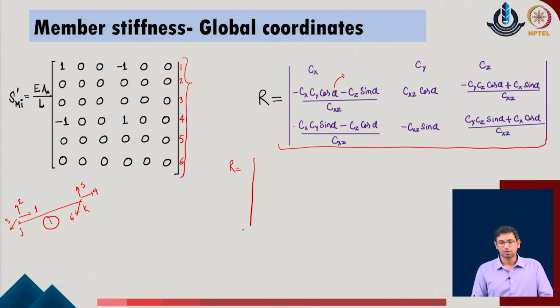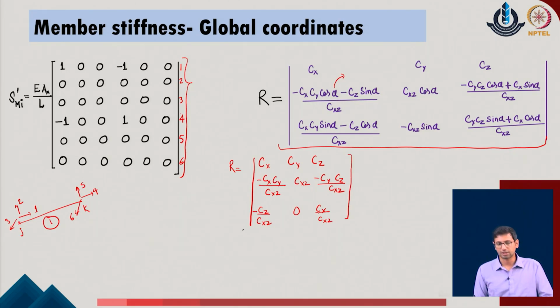So we can keep the rotation with respect to the direction x irrelevant, and that is where we introduce cos alpha and sin alpha with alpha equal to 0, and that gives us the rotation matrix as Cx, Cy, Cz; minus Cx Cy upon Cxz, Cxz, minus Cy Cz upon Cxz; and minus Cz upon Cxz, 0, and Cx upon Cxz.